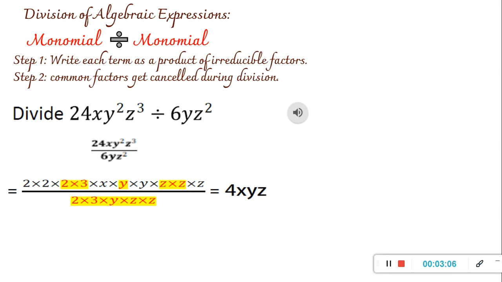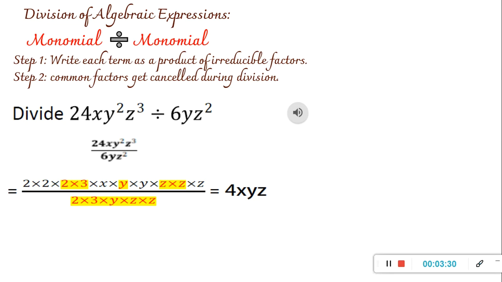We say that the x in the numerator and denominator get cancelled to give 1. The same thing happens here. 2 in the numerator and 2 in the denominator get cancelled. In the same way 3 and 3 get cancelled. y and y get cancelled. z and z get cancelled. One more z and z get cancelled.